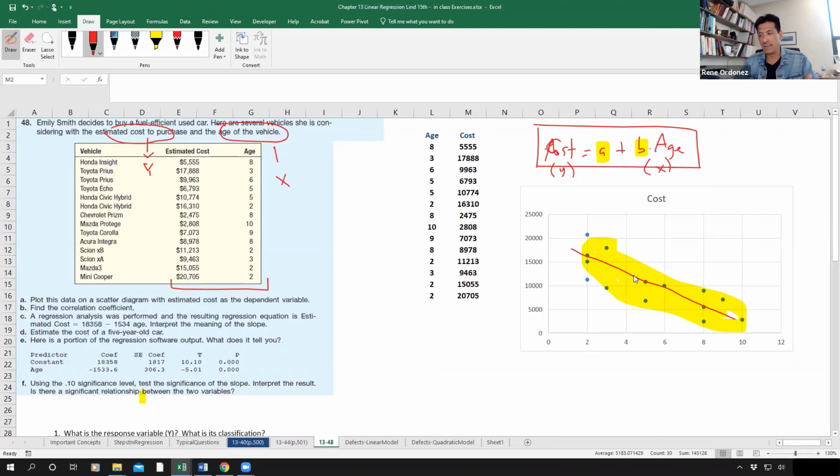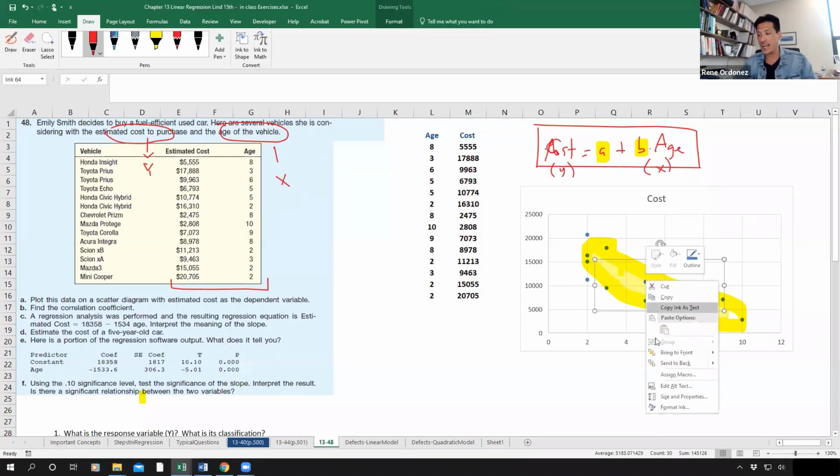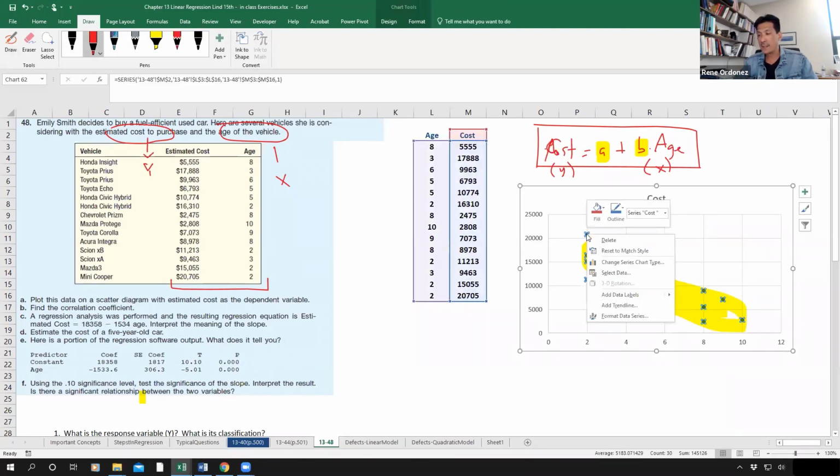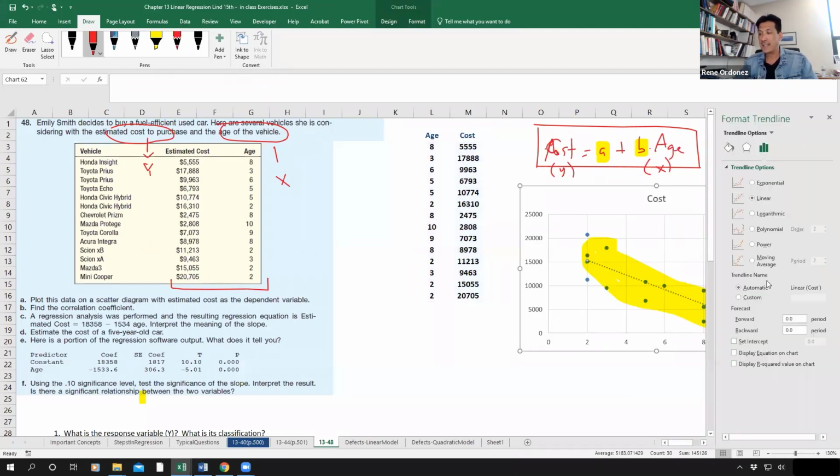So for this graph, instead of drawing the line, we're going to ask Excel to superimpose the trend line. And the trend line that we're going to use is linear. And we will select the equation as well as the R-squared value on the graph.